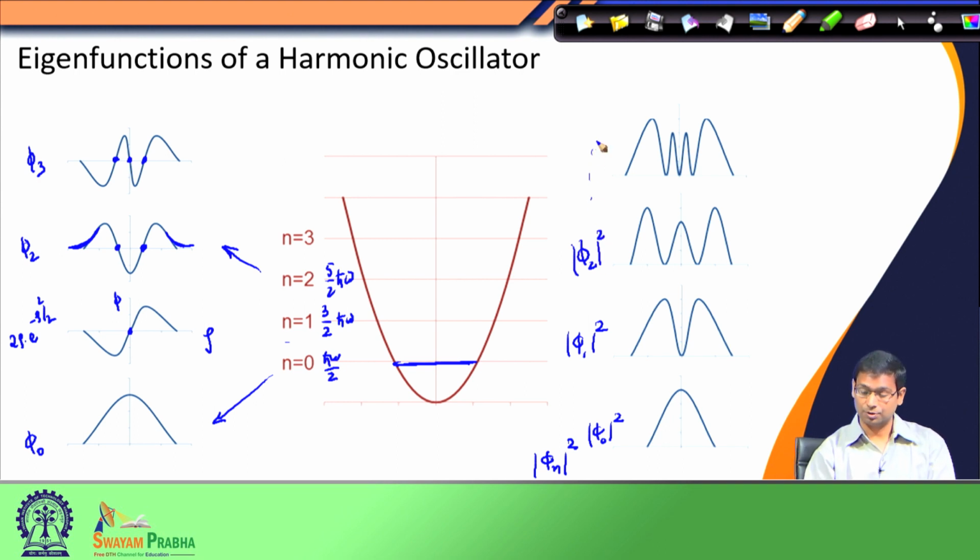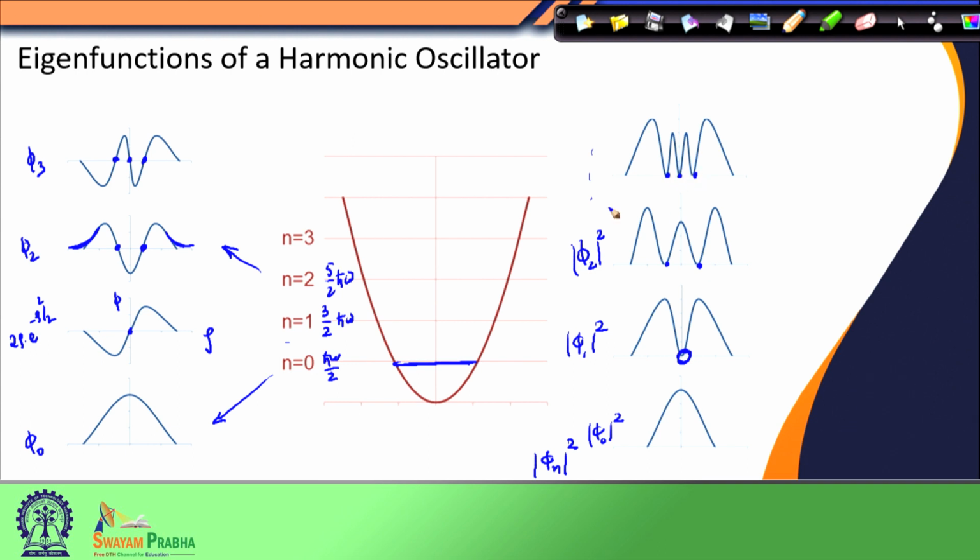One thing that you notice is that again the nodal structures can be found. This is the point where the probability density becomes 0. So, these are the points where you have a node, because that is where the probability density vanishes, and these are the probability densities corresponding to the wave functions of the harmonic oscillator.